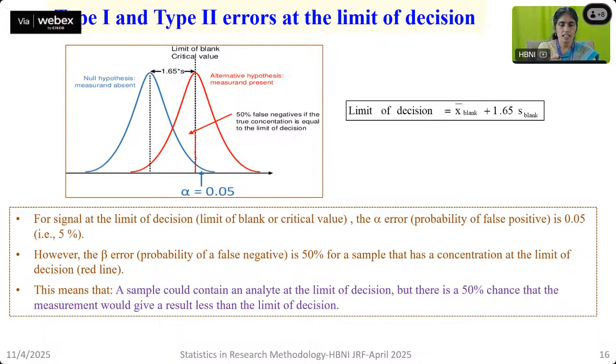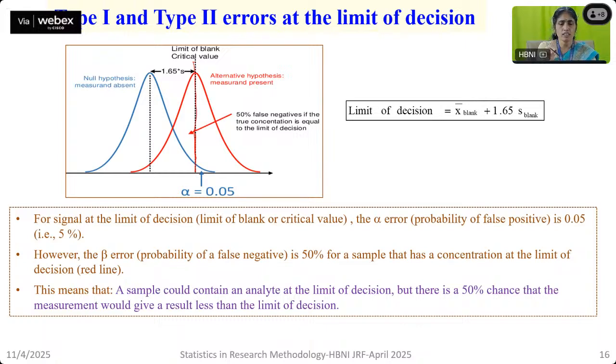You see that there is a finite overlapping region below this dotted line. Around 50% of the red curve, the lower half, overlaps with the region of the blue curve corresponding to an alpha of 0.05.